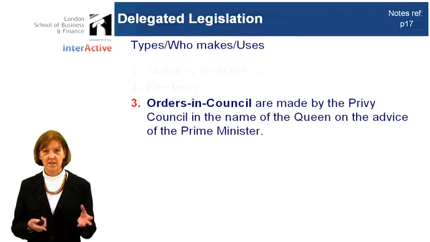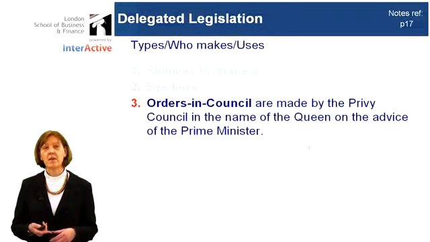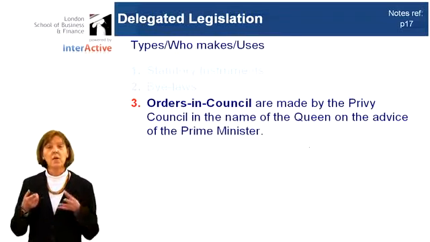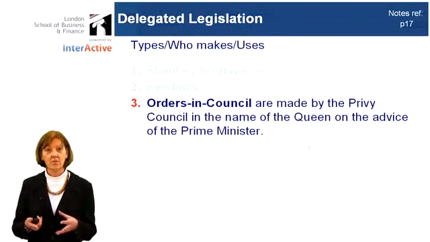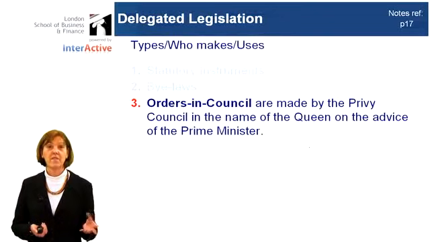Incredibly undemocratic. Now, they could be used for anything at all, but in practice, they tend to be kept for emergency measures. Like if there's a war or a sudden disaster, we might quickly need new law. Wouldn't be efficient for Parliament to do that. And some of you will also know Parliament has very, very long summer holidays. It would be a problem if the disaster arose in the summer holidays.